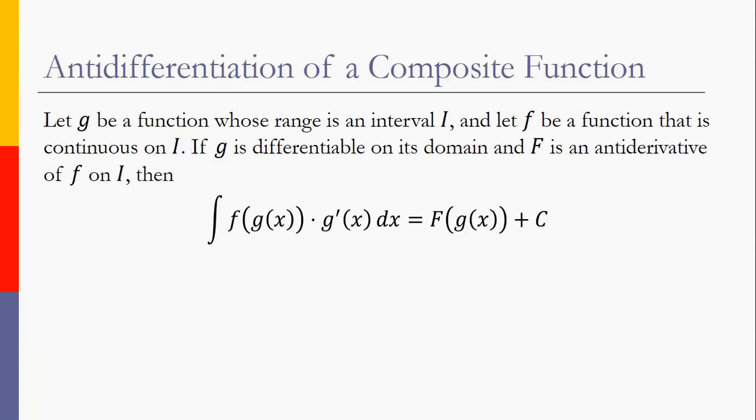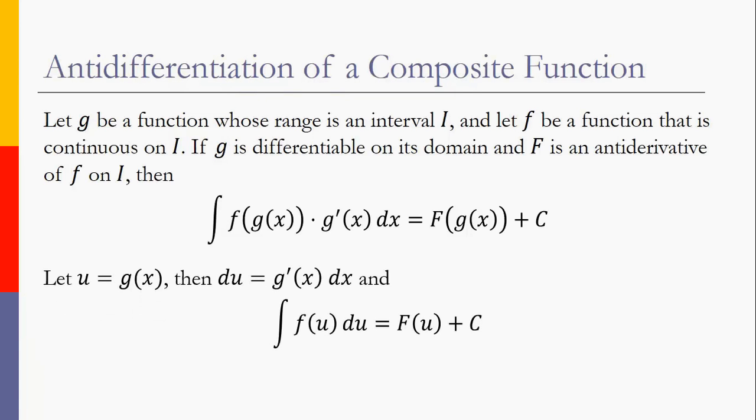Let g be a function whose range is an interval I, and let f be a function that is continuous on I. If g is differentiable on its domain and capital F is an antiderivative of f on the interval I, then the integral of f of g of x times g prime of x dx equals capital F evaluated at g of x plus c.